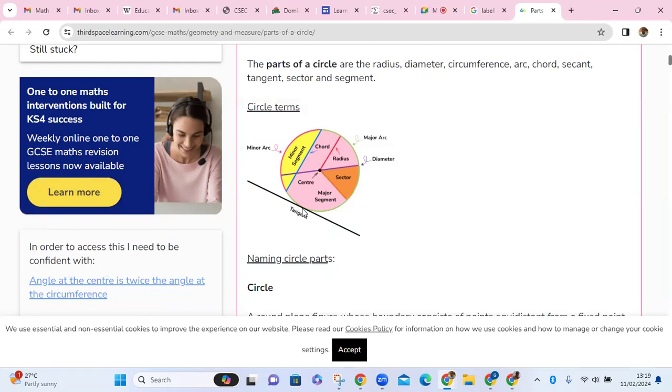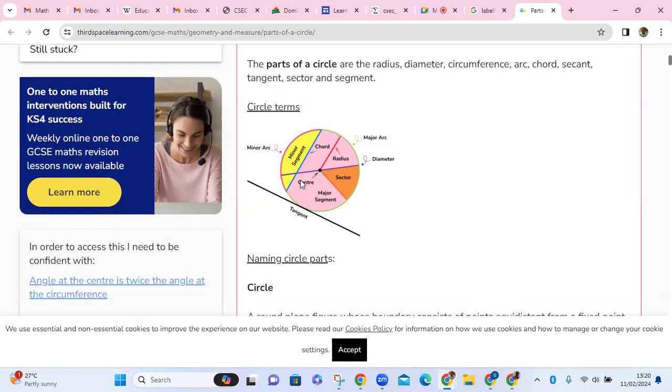You have a chord. A chord is a straight line that is inside of the circle. It goes from edge to edge, but does not pass through the center. Chords normally make segments. So you have a minor segment made by that chord, and you have a major segment, which is the outer portion of that same chord.